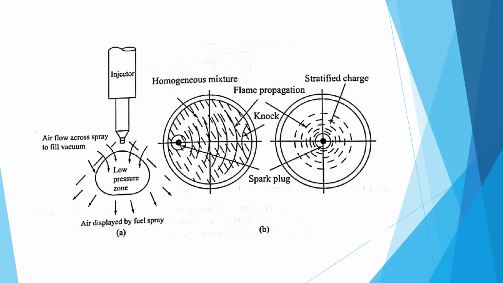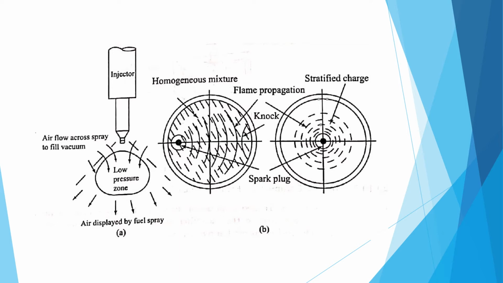The possible stratification in the combustion chamber at different load and speed is shown in this figure, which is noted as B. As can be seen, there is a significant difference in the mixture distribution pattern at part load and full load.